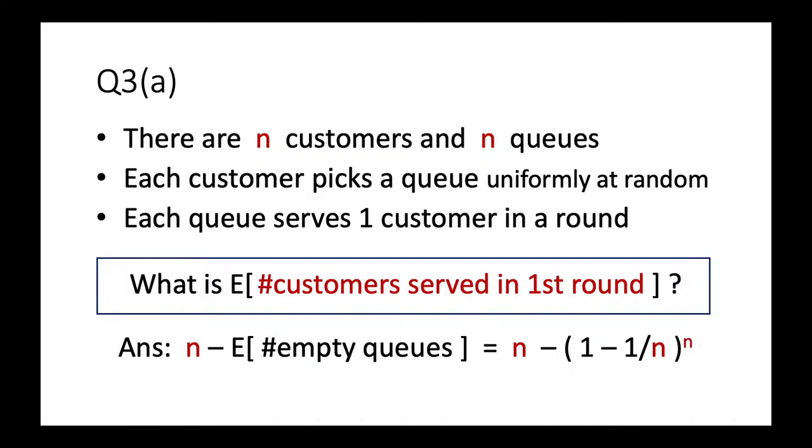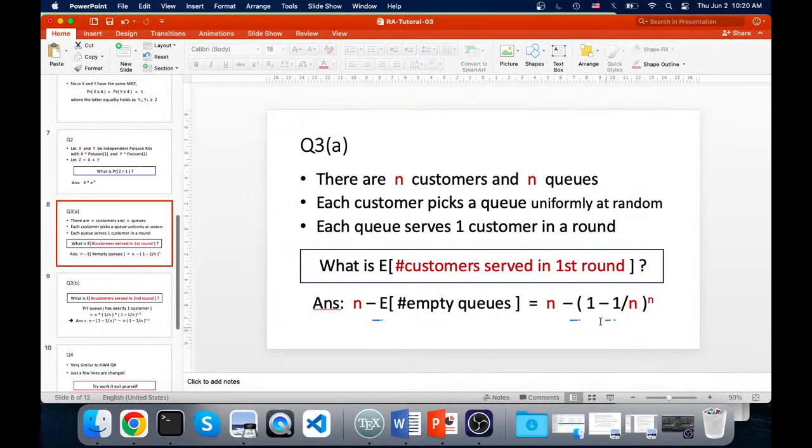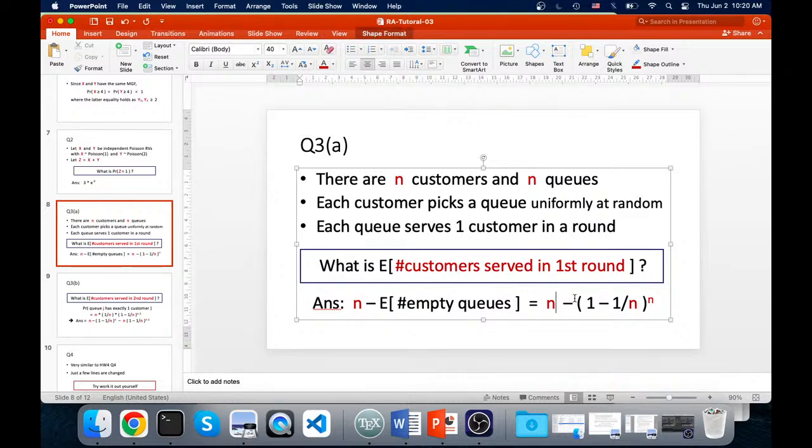Let me see. Did I make a mistake here? 1 minus 1 over n to the power n is the probability that for a certain, so here I think I have made a mistake. I should have an n here as well. So this is the probability that a particular queue is empty, right?